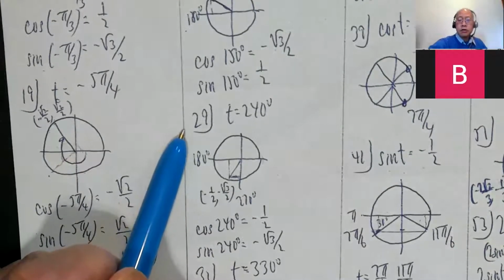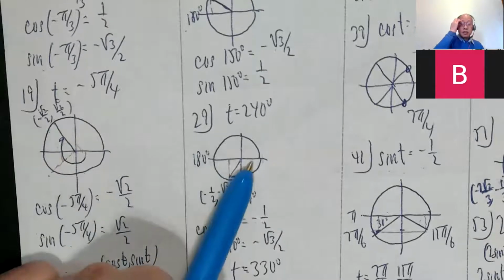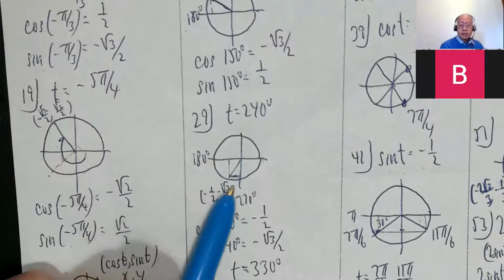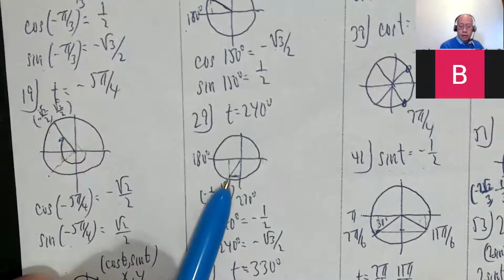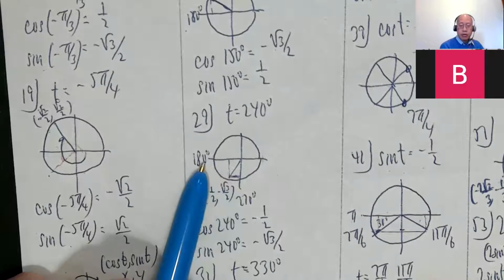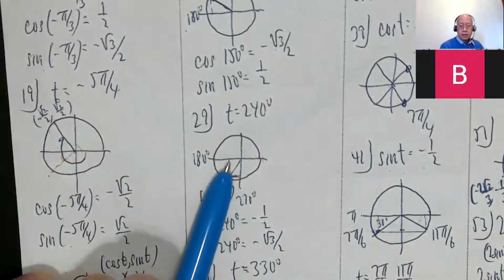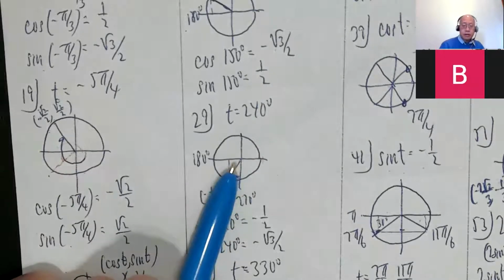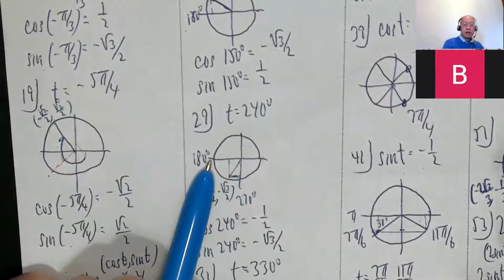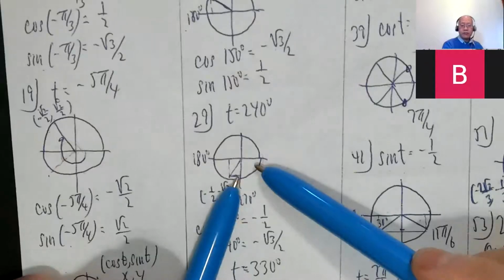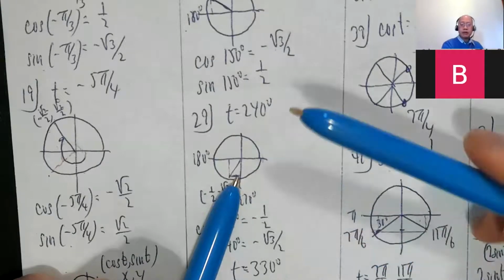Okay, 29, 240 degrees. Well, let's see, 90, 180. This is 270, right? So I back up 30 degrees to 240. So I'm over here. It's 60 degrees more than 180. Now look at the X, look at the Y. Looks like X is halfway across, right? The X coordinate is halfway across. Y looks like way more than half. Your circle doesn't even have to be that accurate.